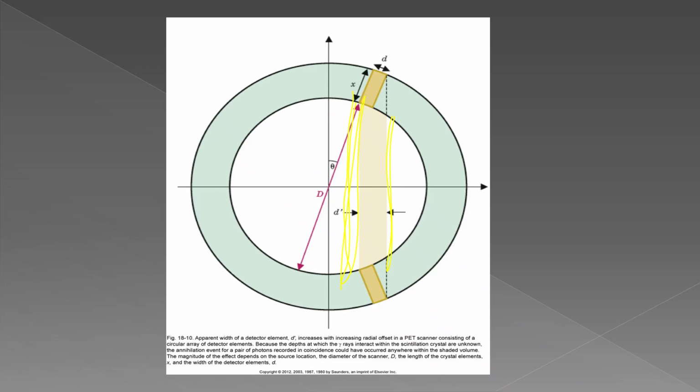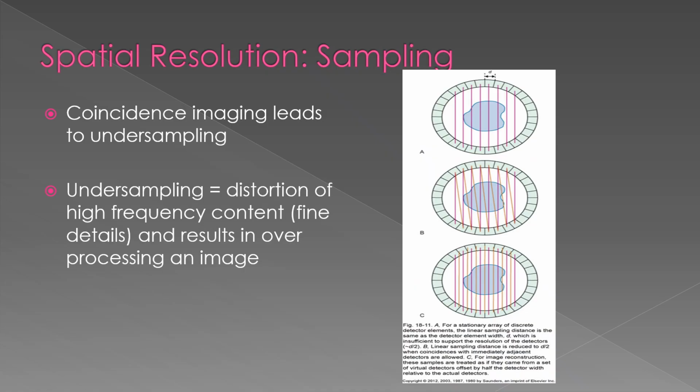And so it has to consider the length of the detector elements, the width of the detector elements, and the diameter of the actual scanner, and how far apart they are when it has to figure out where that photon actually came from.